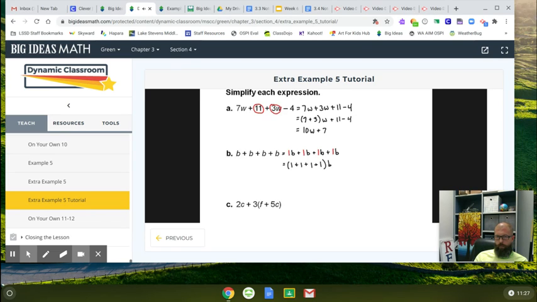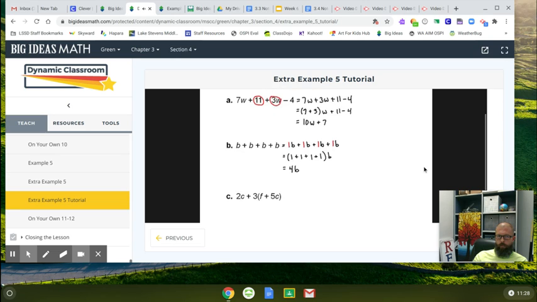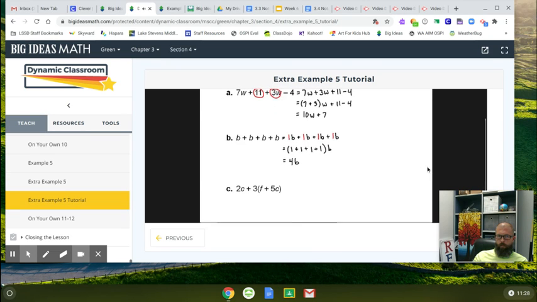Part C, 2c plus 3 times the quantity f plus 5c. First, use the distributive property to rewrite the expression as 2c plus 3 times f plus 3 times 5c. Then multiply. 3 times f is equal to 3f. 3 times 5c is equal to 15c. So you have 2c plus 3f plus 15c.